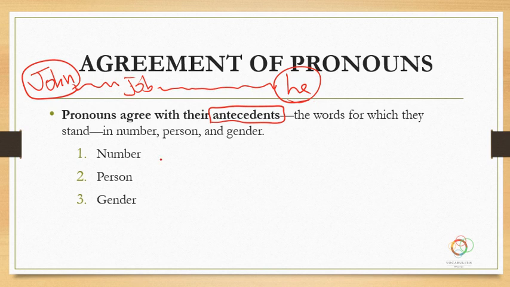How do they match? They have to match in number. John is singular, then he must be singular. They have to match in person, as in first person, second person, or third person. John is third person, so we have to use he or they, depending on the number. In this case, singular, so we choose he. And what about gender?